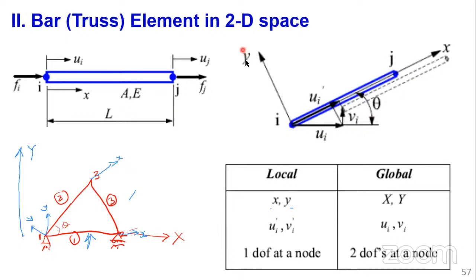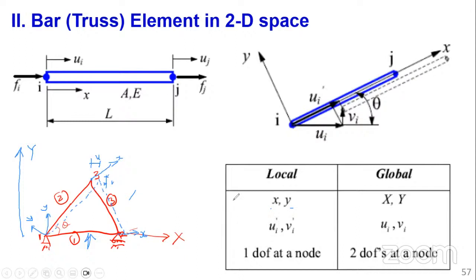So what I'm saying is, if this structure, let's say, deforms something like that due to application of load, at this node we want to get the deformation, which has the x component, which we are calling u, and maybe the y component, if they are sinking, which we are calling v.